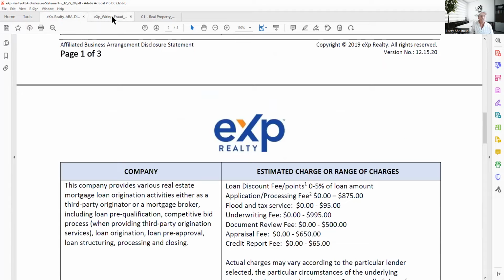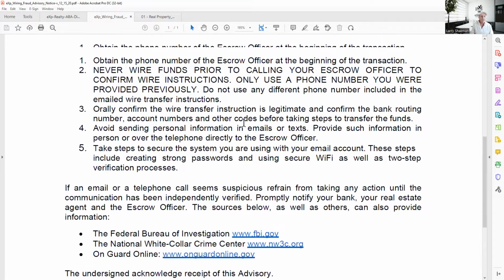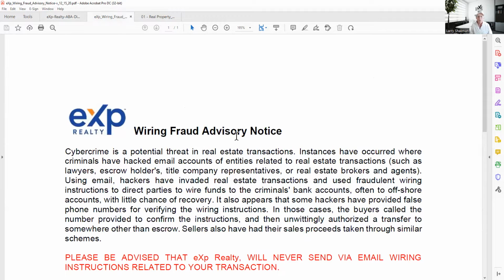Now we're going to go to the other disclosure that is also proprietary to eXp, but I'm sure most other brokerages are going to make you sign a similar form, and that is the wiring fraud advisory notice. We just want to let everybody know that wire fraud is real. It happens every day.